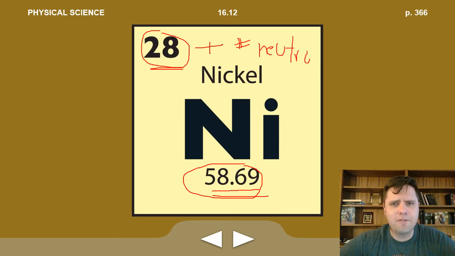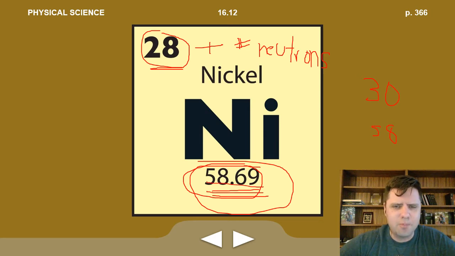But remember that nickel could have various forms that have different numbers of neutrons. So how do they get to this 58.69? Well, again, we can look at this 58. So 28 plus what equals 58? Well, 30, right? So if everything that we found of nickel was always a mass of 58, we would just have 58 down here. But instead, it's 58.69.